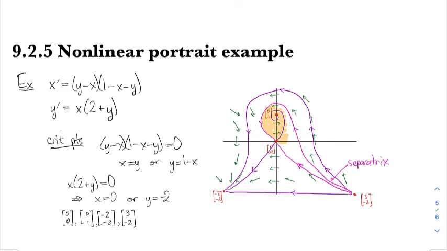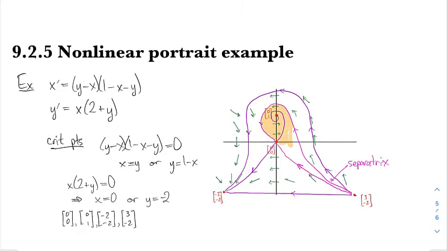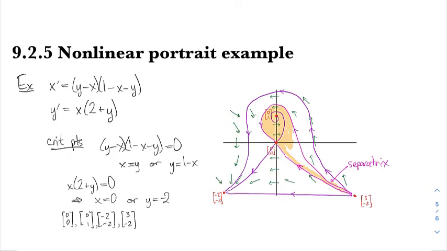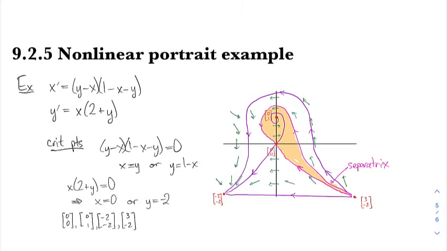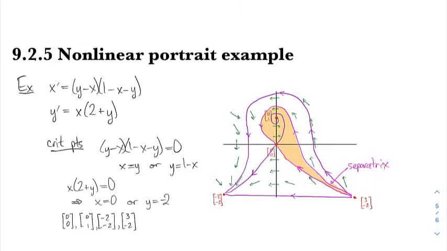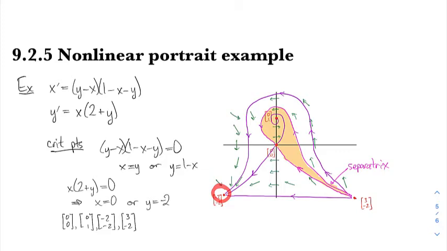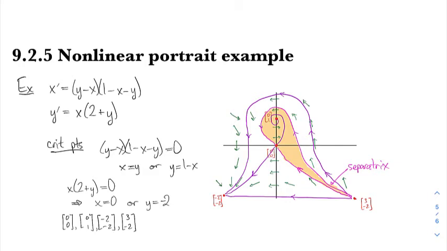So in other words, everything that's in the orange region here is what's called the basin of attraction for this particular critical point. If it starts in the orange, it's going to tend to this one that looks like a spiral point up at the top. If it starts outside on the other side of the pink separatrix, it's going to tend to this point over here.